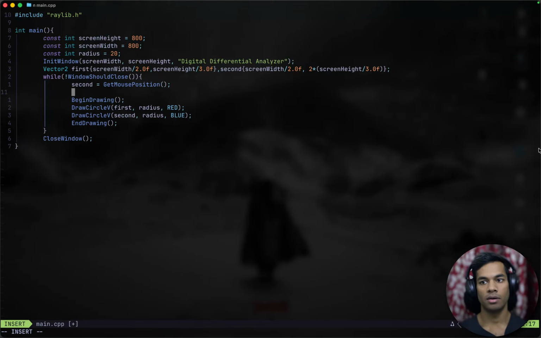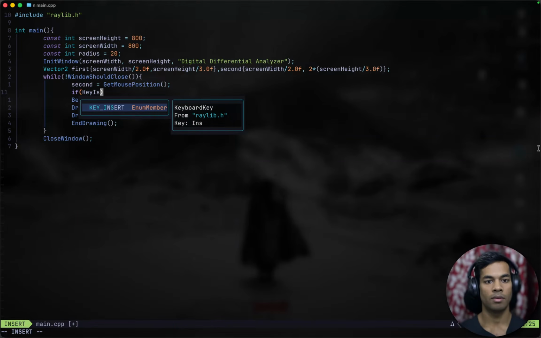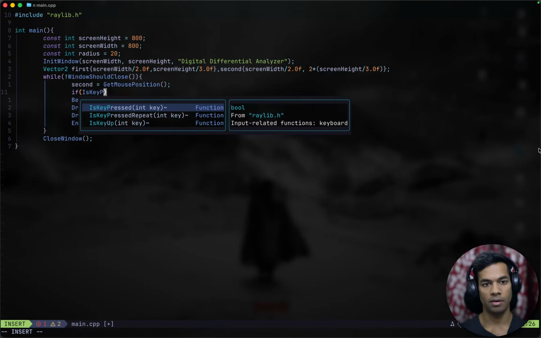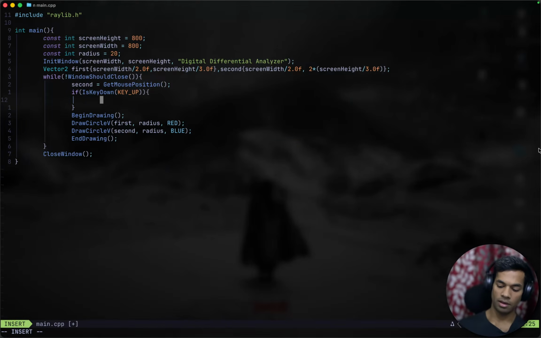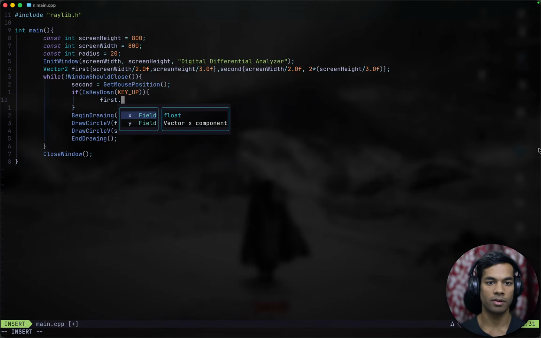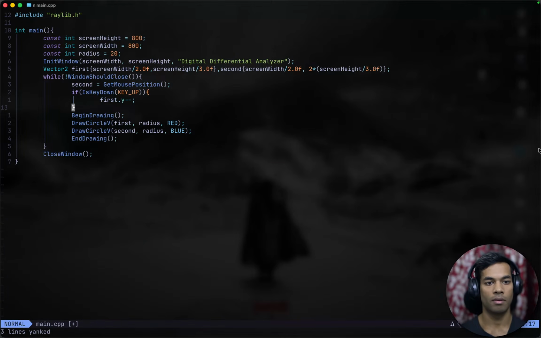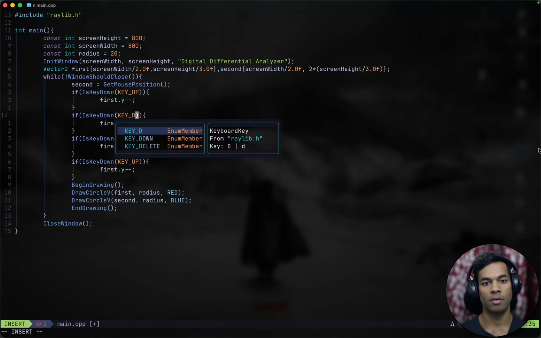And if the up key is down, if the up key is pressed, then we will decrease first dot y. And if the key is not up but down.